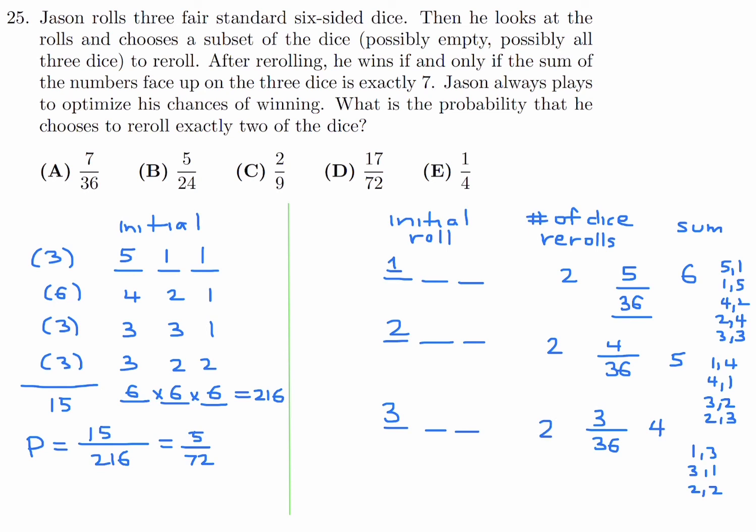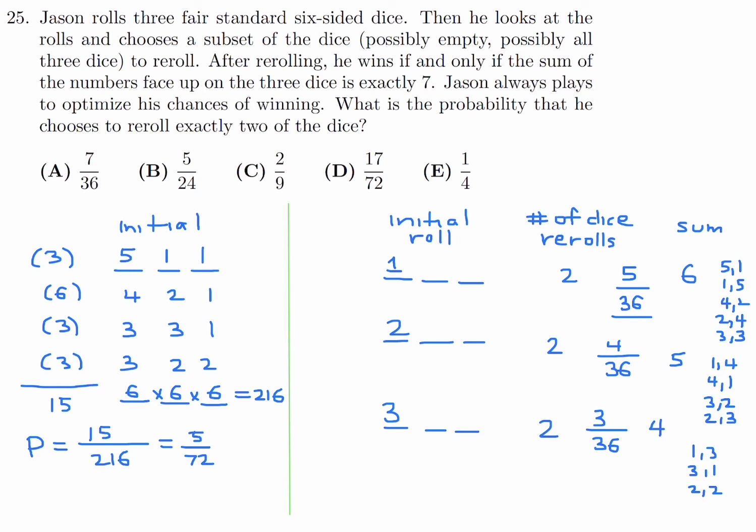Okay, so here's the part of the question that I think is challenging. It took me a while to really understand this. Here's the thing. If he rolls 3 dice, so we're talking about this situation, and he gets a 7, he wins the game. All right, no need to do anything else.